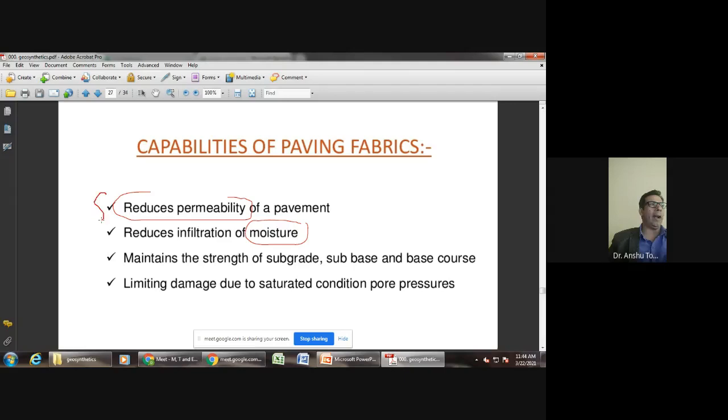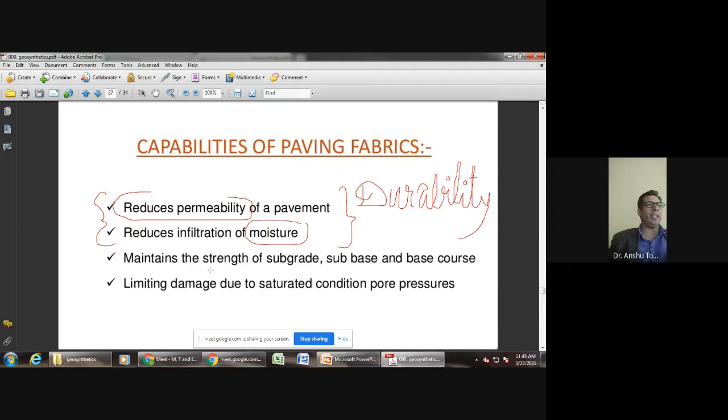These two factors are related to the endurance or durability of any project, whether it is a road or an RCC project, because moisture ingress and unlimited permeability are the two important factors responsible for damage of the pavements or any other civil engineering project if they are not timely taken care of.